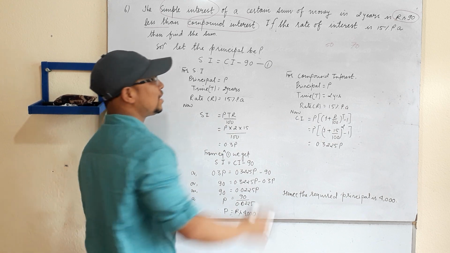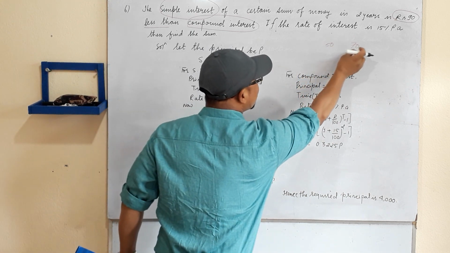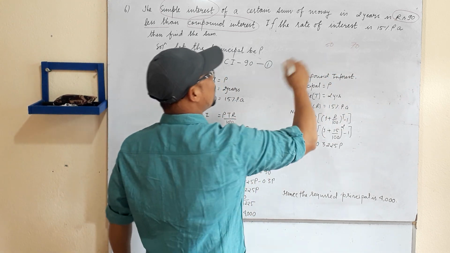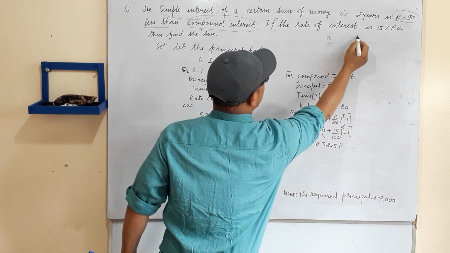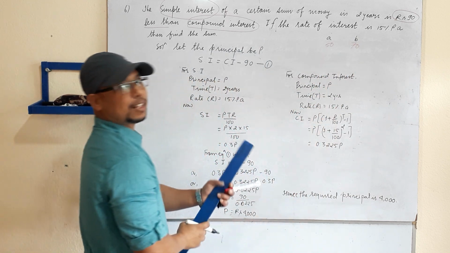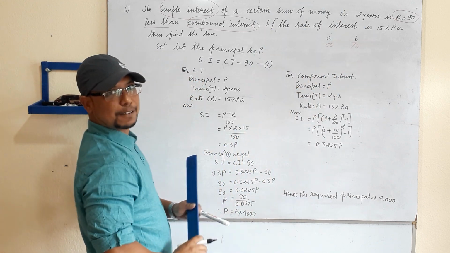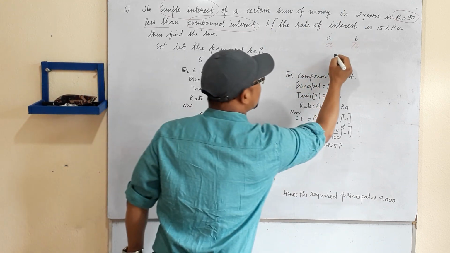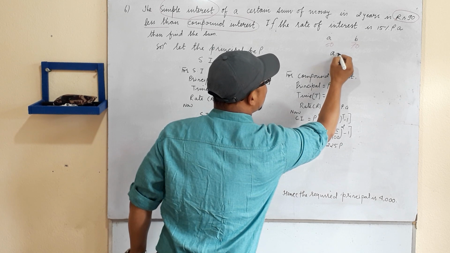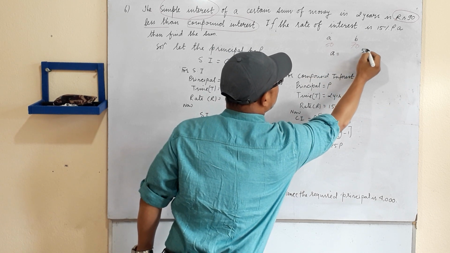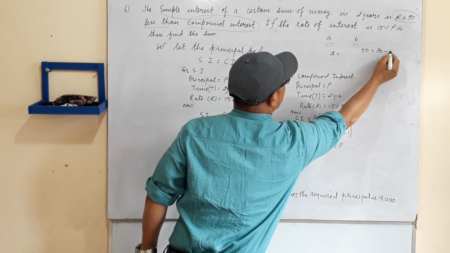If you suppose this is A and this is B, then in language form you can say A is 20 less than B, and simply you can write A equals B minus 20. 50 means 70 minus 20.